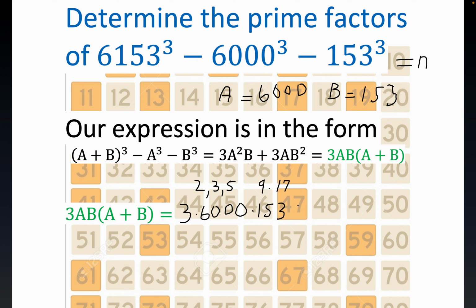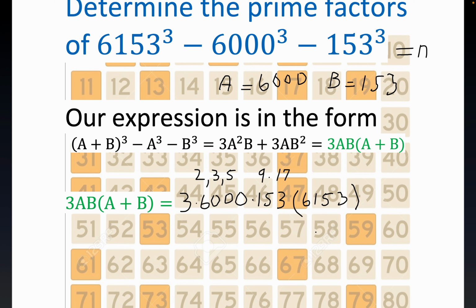Oh, yeah, we have to put also times a plus b, which is, of course, 6153. All right, y'all, so far the primes that we have, it's not too hard to obtain these. Even though these are large numbers, 2, 3, and 5 are the only prime factors of this entire piece right here. And then 9 times 17 is, of course, 153. And notice that this is just 3 squared, so you don't have to worry about adding any other primes here, right?